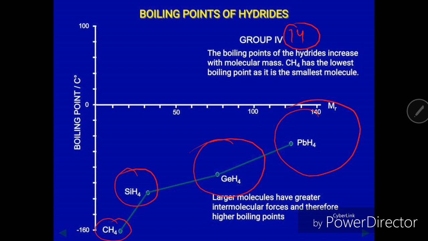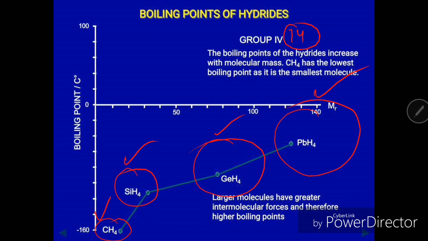As they are non-polar, they will interact together through dispersion force, and the strength of dispersion forces depends upon the surface area. So as you move from CH4 to PbH4, the central atom size will increase, so the molecular size will increase, so the surface area of the molecule will increase, as shown here by the circles. I have shown the size of the molecule.